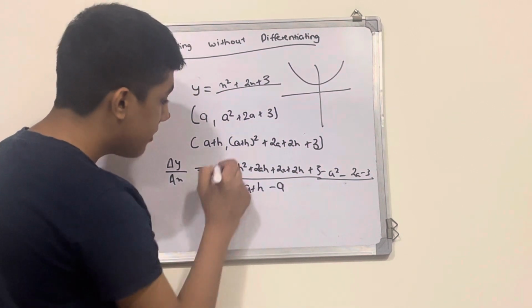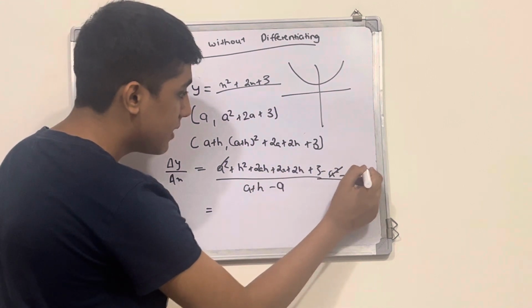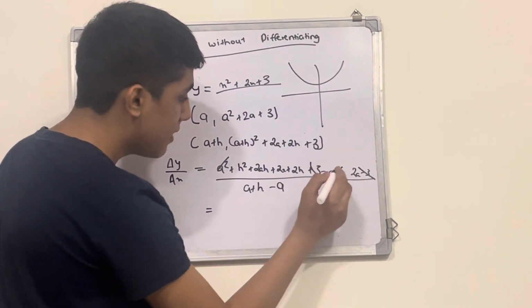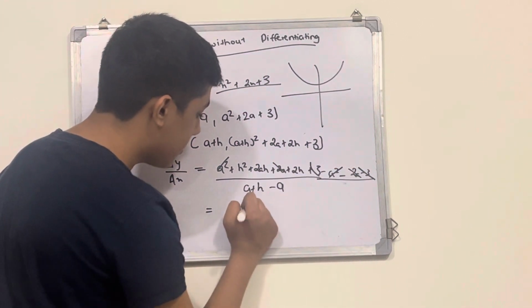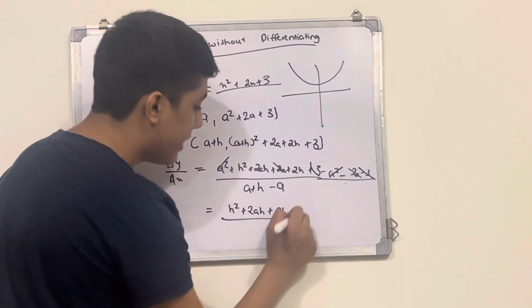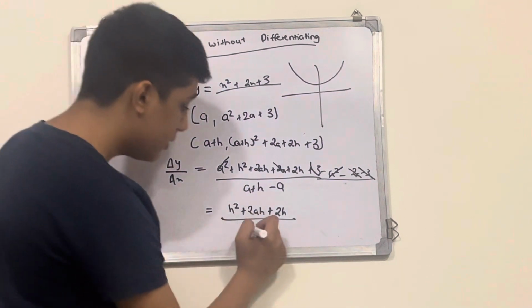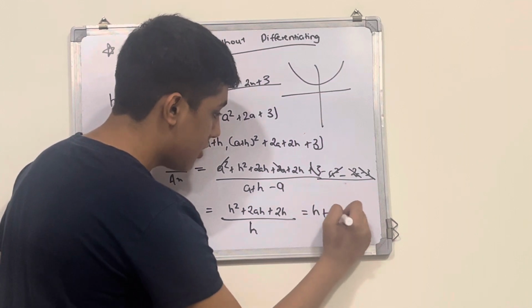So what you're going to get in the end is going to look something like this: h squared plus 2ah plus 2h over h, which is going to be h plus 2a plus 2.